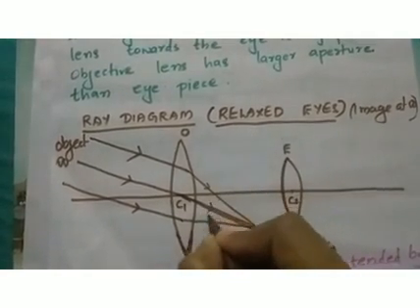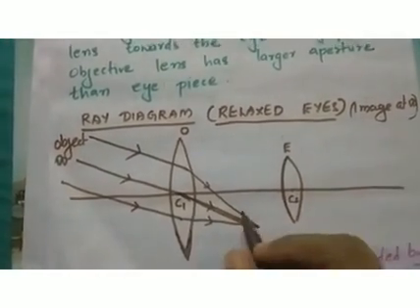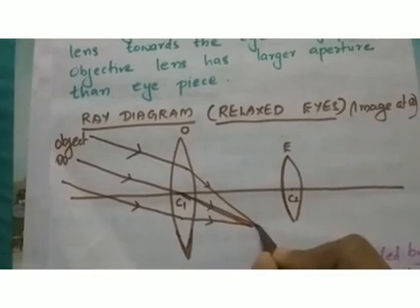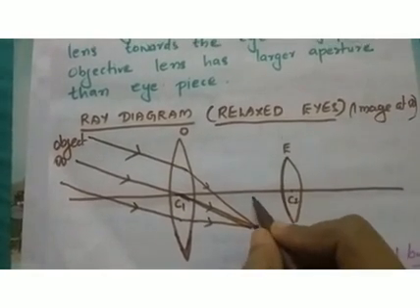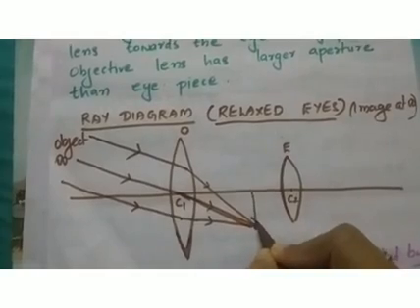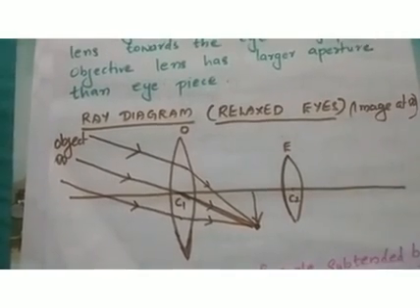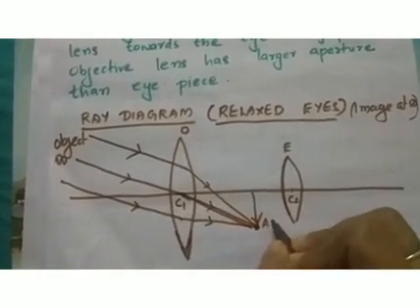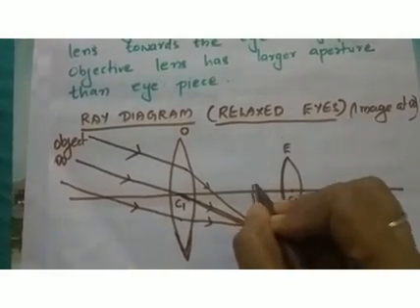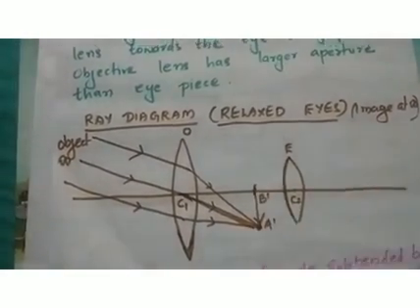So these are the three refracted rays, and these three refracted rays meet together at this point. So here you will get the image. Of course, you will get a real inverted image, and this is denoted by A dash B dash. Okay, so you will get the image at this point.